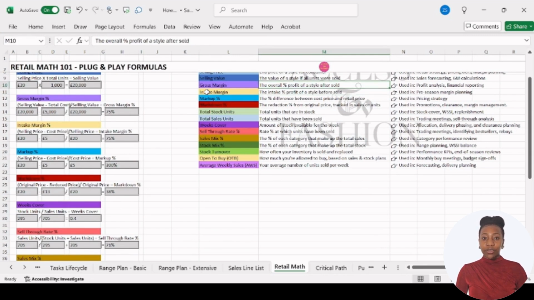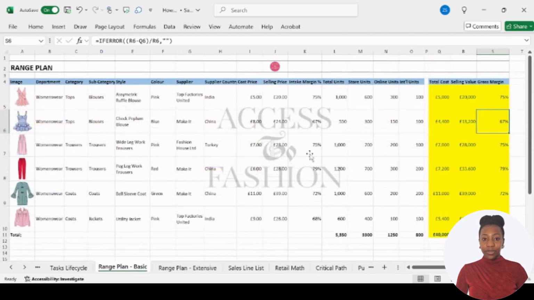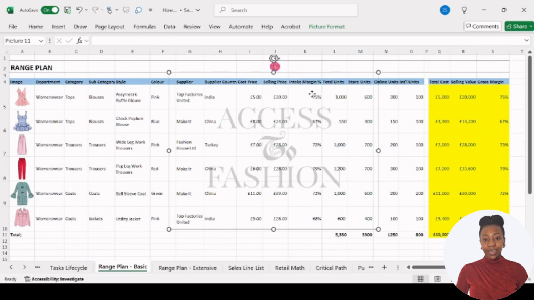So you have your after it's been sold for your gross margin, and then you have your percentage before it's been sold for your intake, because this is more for pre-season margin planning. So we should have an intake margin percentage here.